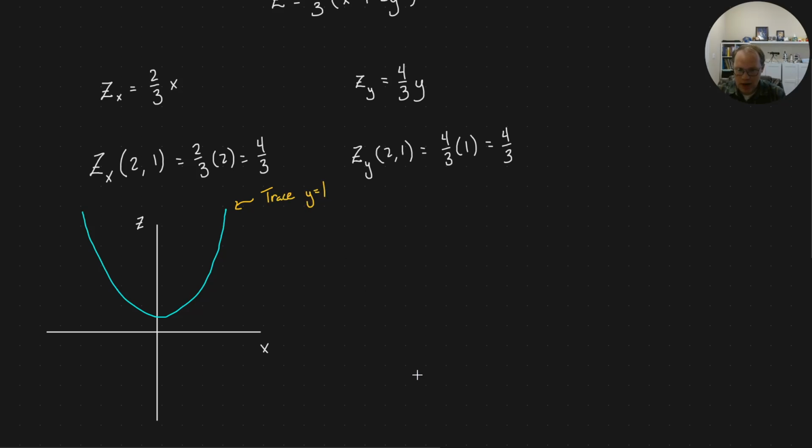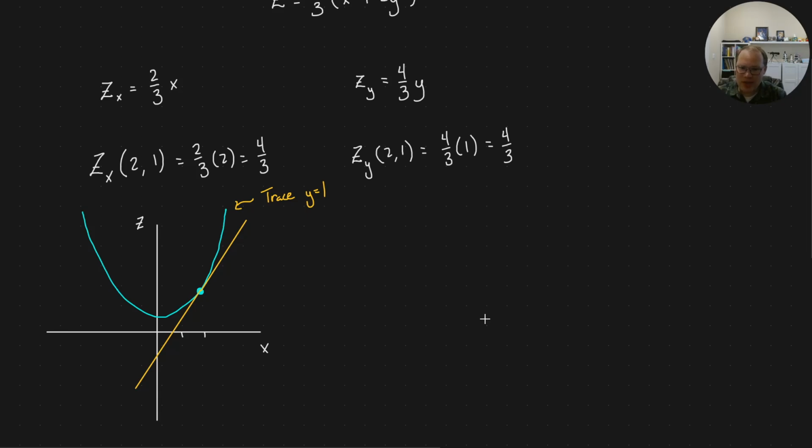So I'm holding the y fixed, I'm looking at how z changes, okay? And I'm interested in the value when x is 2, something right there. What this 4/3 is, it is the slope of the tangent line to the trace at that point.